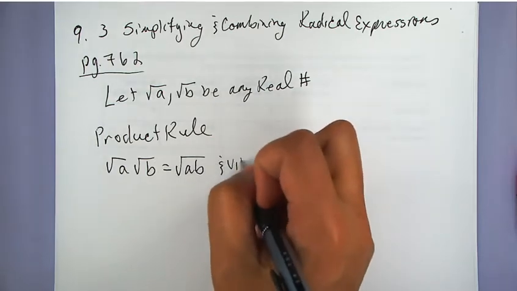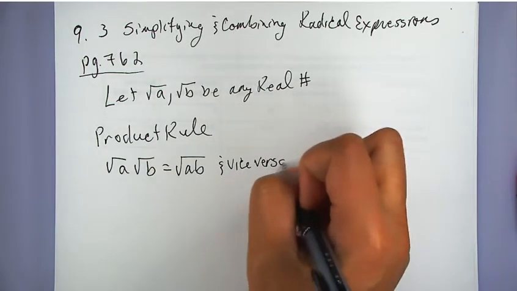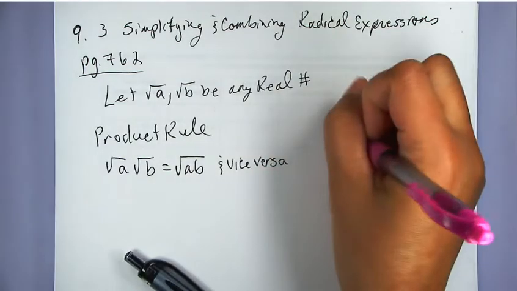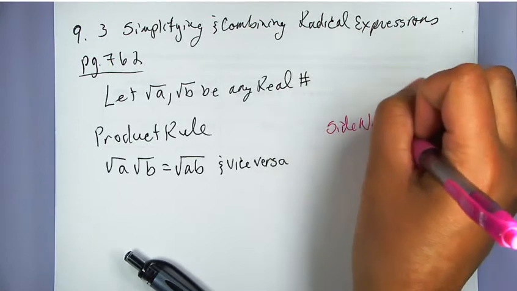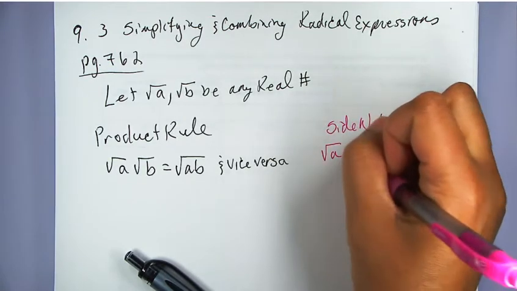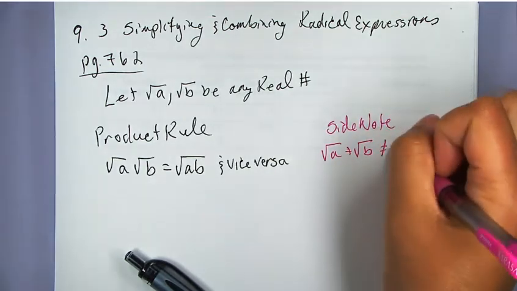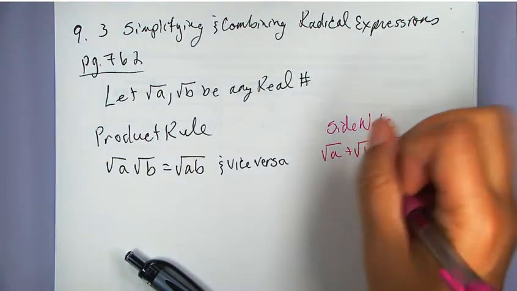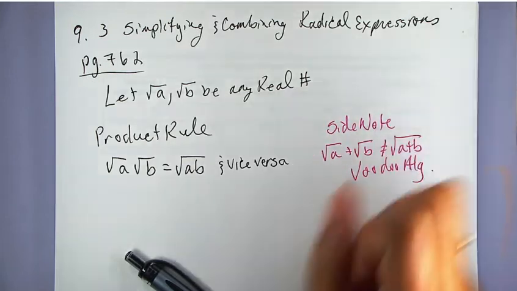Please note something, a side note. The square root of a plus the square root of b is not the square root of a plus b. That is voodoo. That is not true. The square root of a plus the square root of b does not equal the square root of a plus b. Again, that is voodoo algebra.